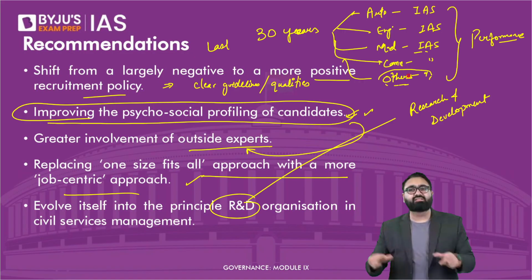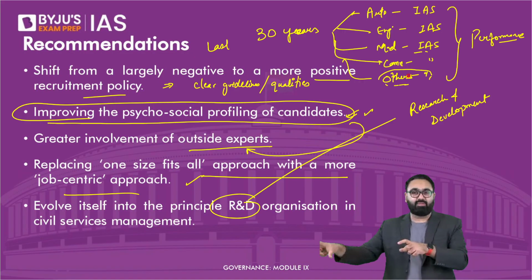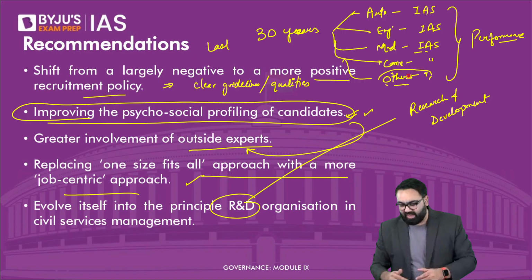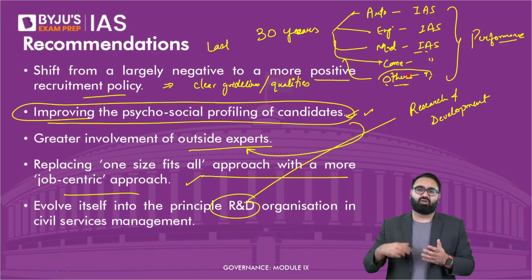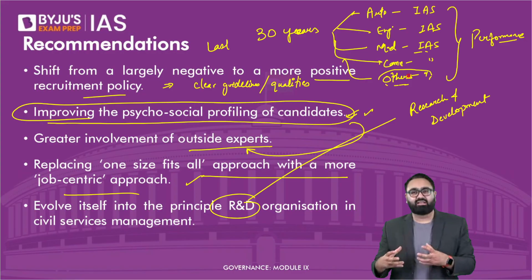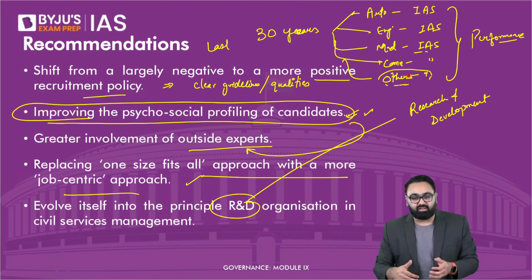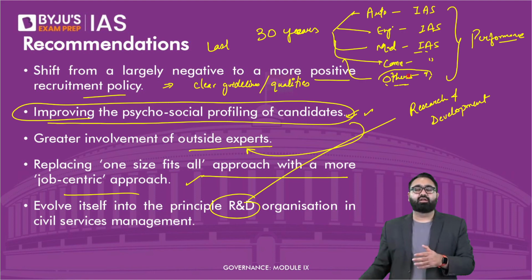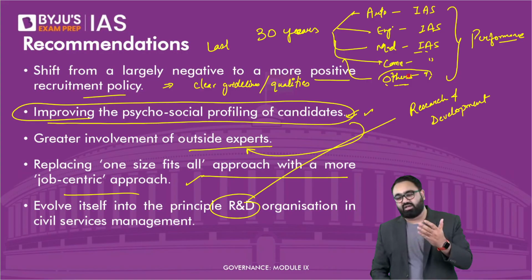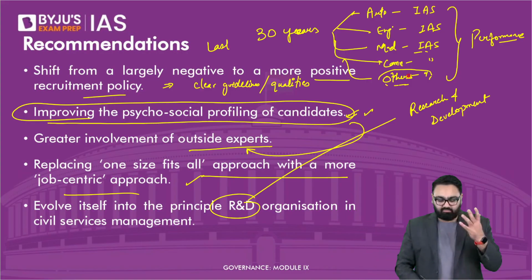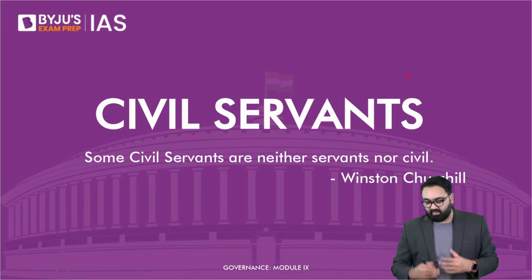Maybe encourage them to apply. Maybe have them as IPS. Similar kind of a thing can be done for IPS. Similar can be done for IRS, etc. And see the result. That is a suggestion that the UPSC should conduct itself into more of an R&D, research and development organization, to have better results for our UPSC government.